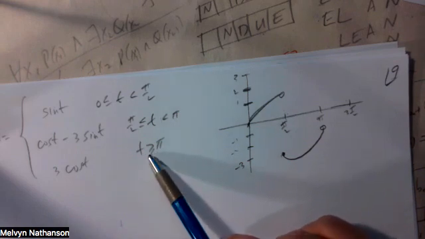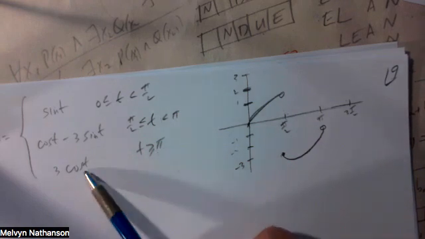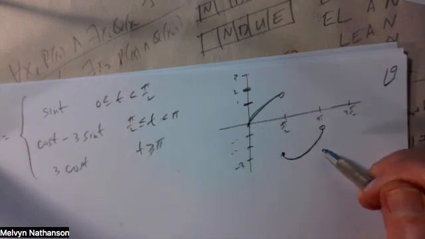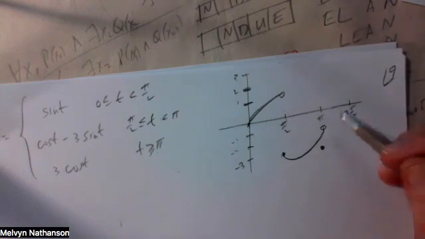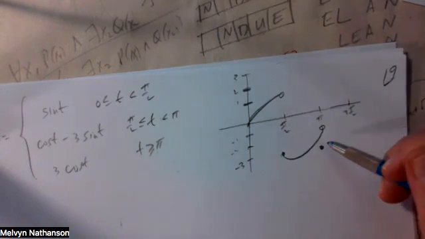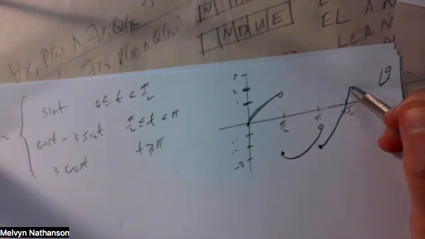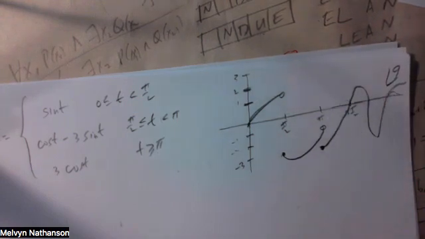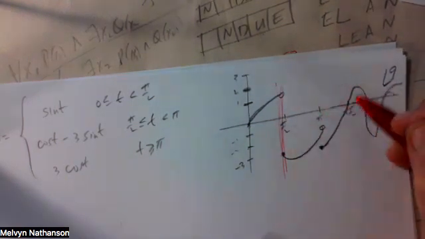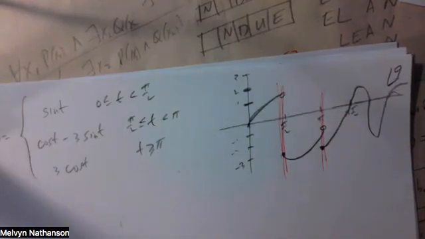So cosine pi is -1, so 3 times the cosine is -3. And now we just have the cosine forever, right? That's what the graph of this function looks like. We have a jump discontinuity at pi over 2 and a jump discontinuity at pi.